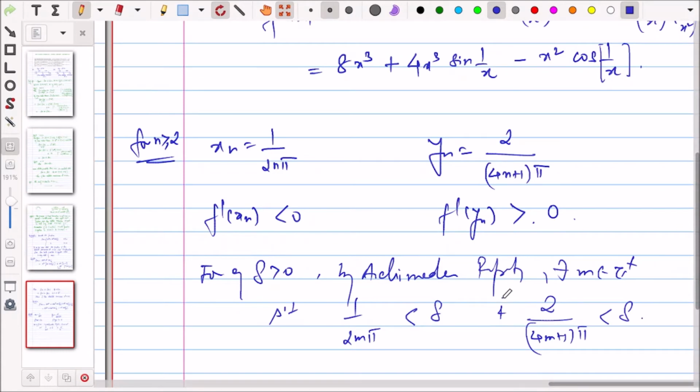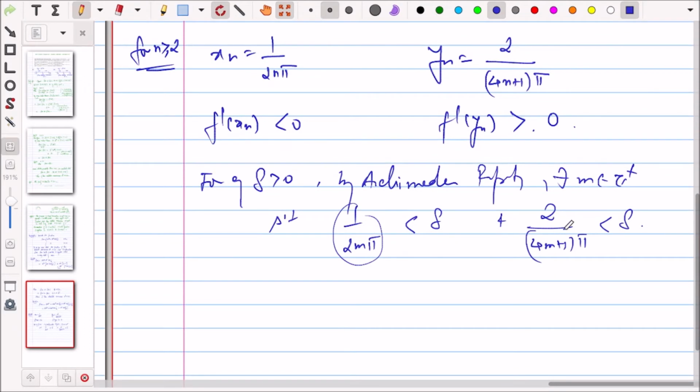We can always choose such natural numbers, okay. So then this number belongs to this interval 0 to delta, and this number also belongs to 0 to delta. So both positive and negative signs are there in the interval 0 to delta. So for any delta you will have this, right?